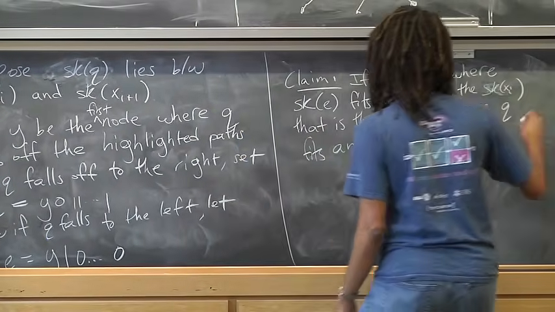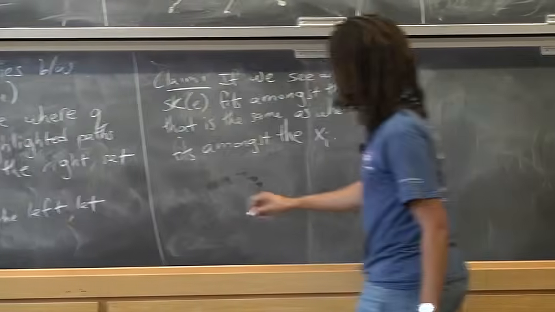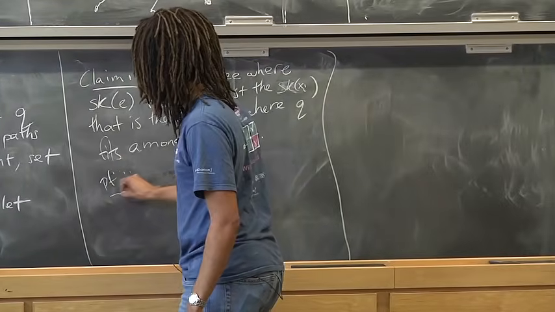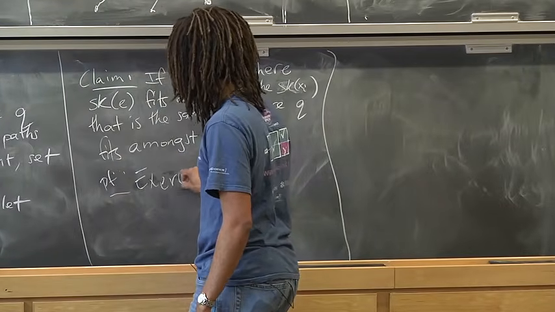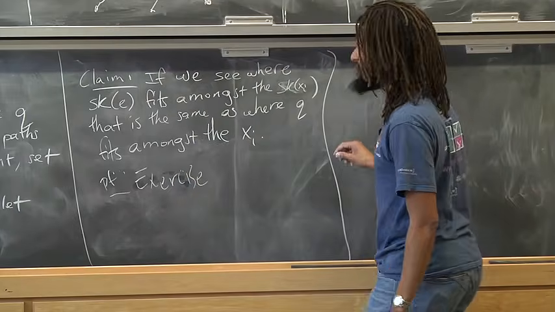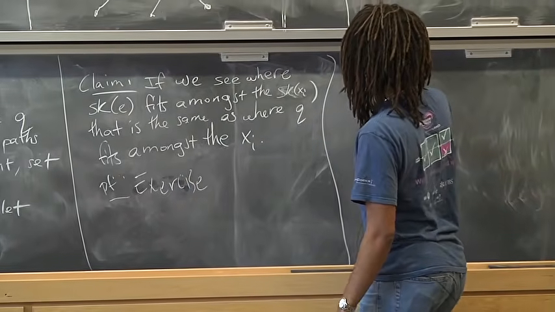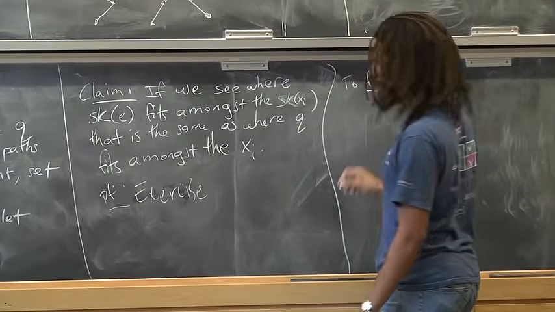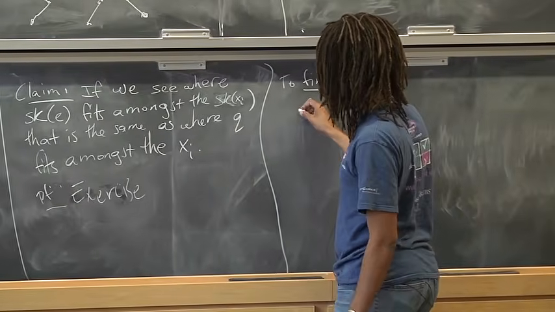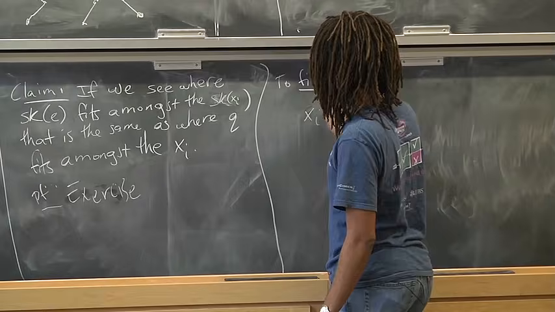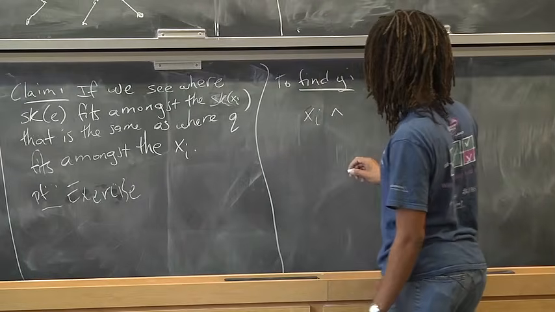Okay, so let me write that here. First of all, this proof I'll leave to you as an exercise. But you're saying that to find y, you do what? xi XOR, is that XOR? It is.